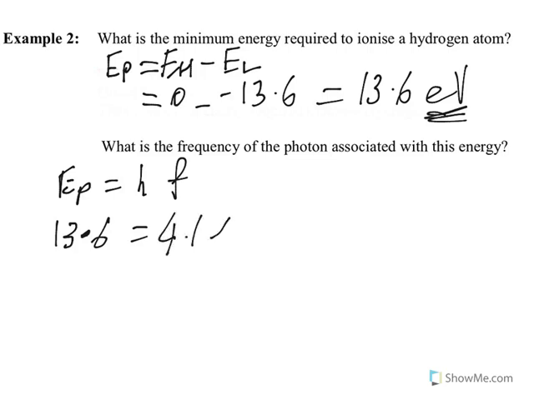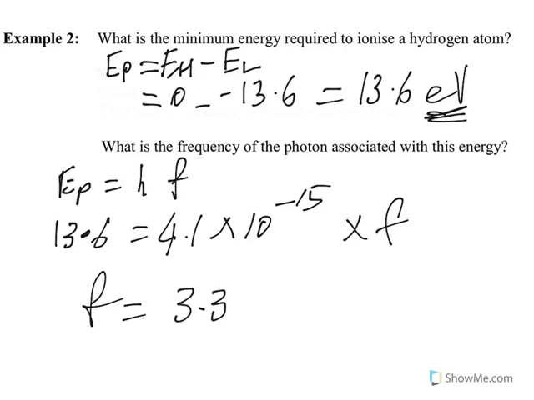So 4.1 by 10 to the minus 15 times the frequency. And then when you divide both sides by 4.1 by 10 to the minus 15, you get 3.32 by 10 to the 15 hertz.